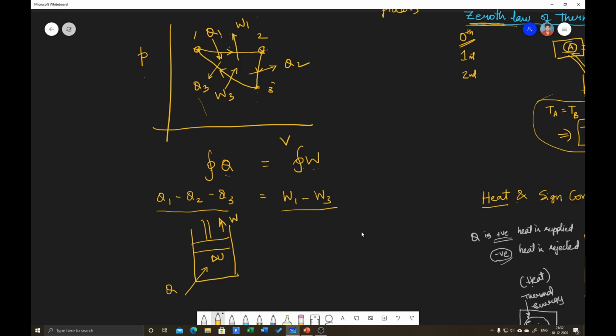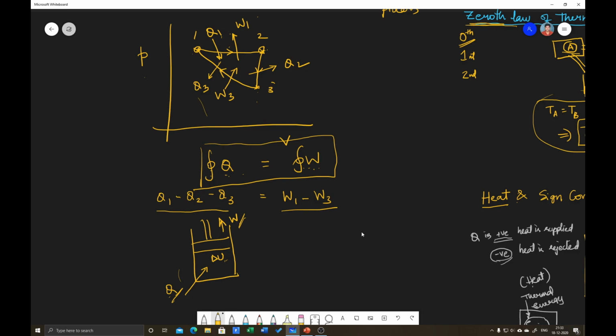Here we are saying that after the last process it should come back to the initial state. That means delta U should be 0 after completion of this cycle. So that is why heat and work should be equal. Summation of Q and W will be equal by following the sign conventions like this. This is how the first law is applied to a cyclic process.